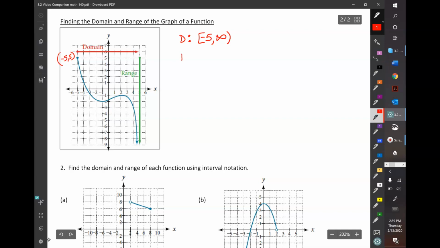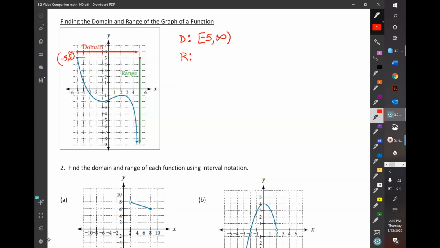So for the range, though, it's what are all the y values allowed to be. So on this, again, my highest y is that +5 that I talked about before, and then everything else just kind of descends down, that heads towards negative infinity, where the x value is kind of going out this way to positive infinity, although it's very, very slight.